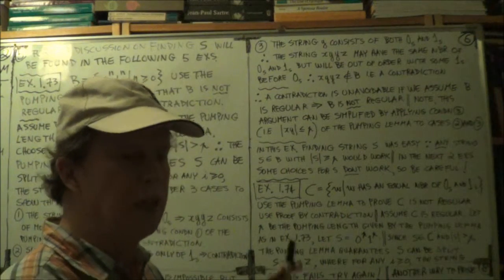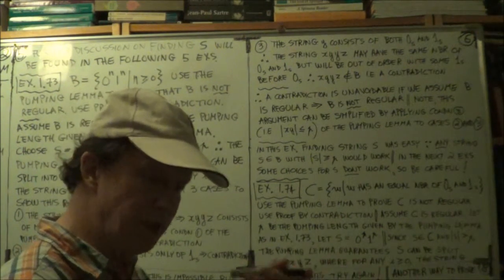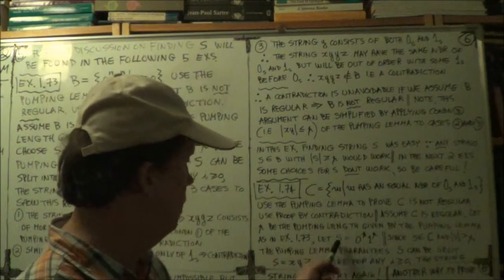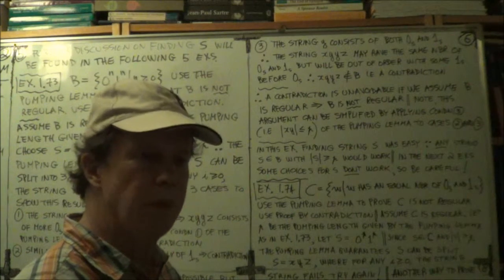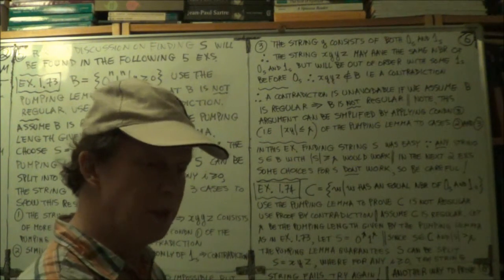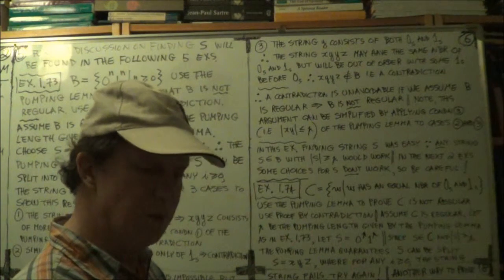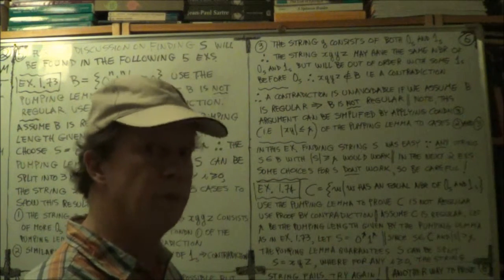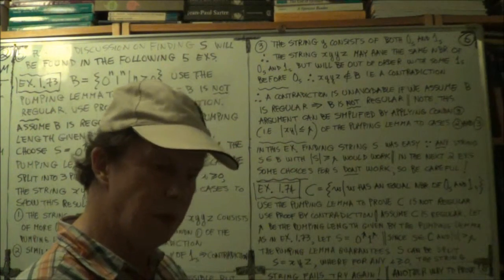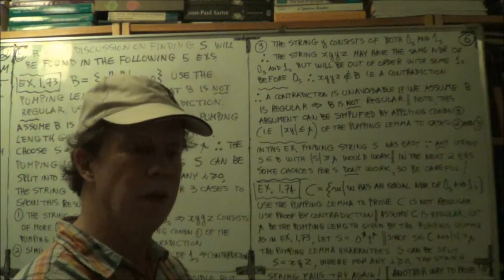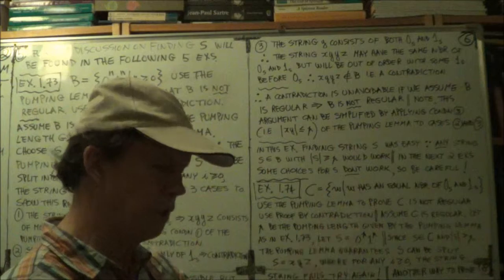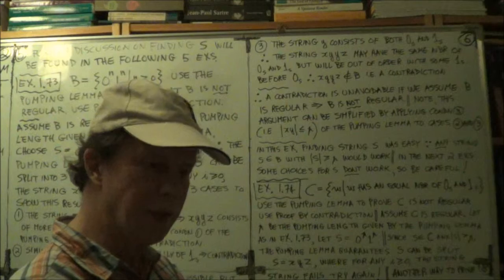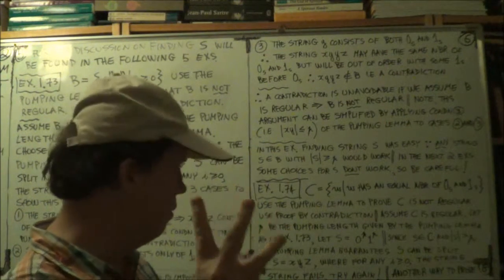Therefore, the pumping lemma dictates that string S can be split into three substrings X, Y, Z such that the three conditions hold. In other words, the string XYZ is pumpable, meaning X, Y to the I, Z also belongs to the language, and the other two conditions: the length of Y is positive and the length of XY is less than or equal to p.